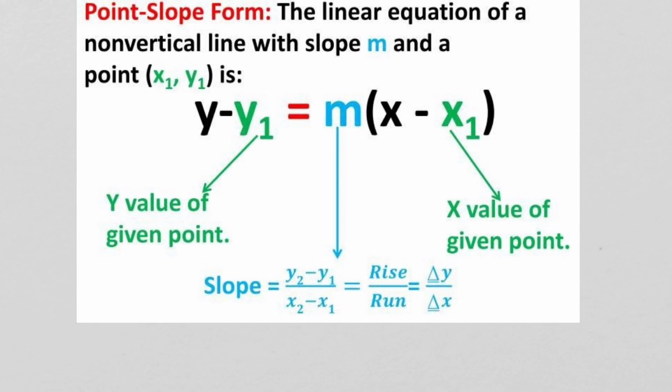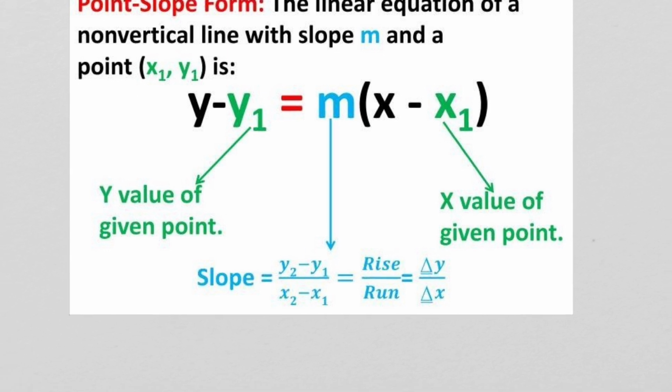The value of y given in the point goes here, and the value of x given in the point goes here. And m is found when you find another point. That's how you can use this.